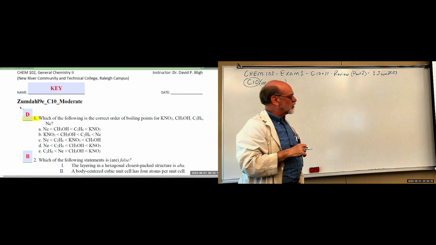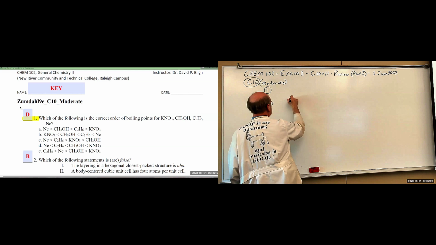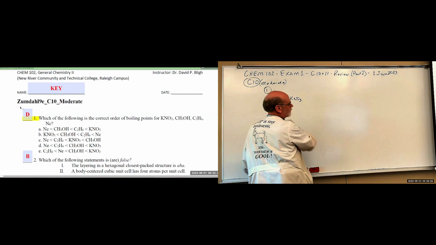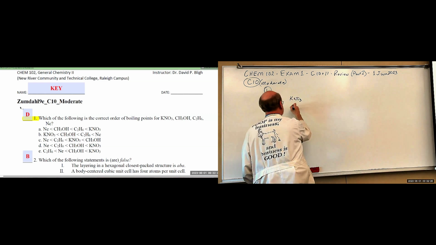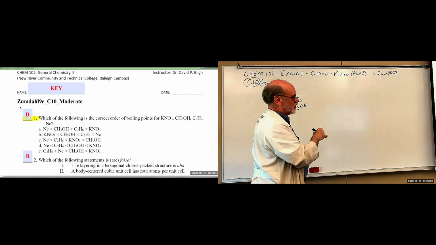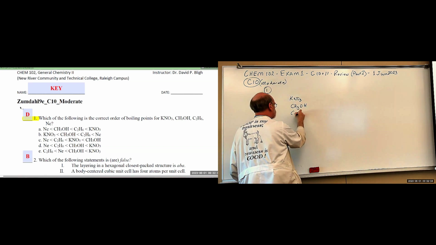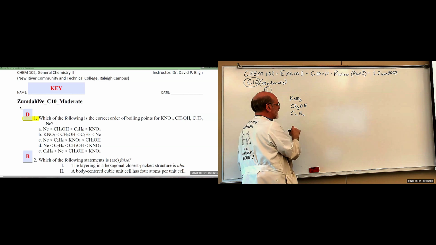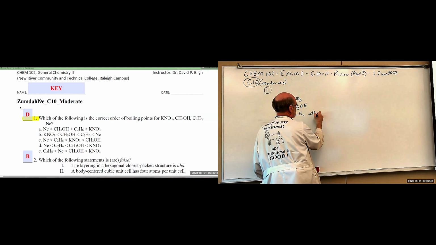Which of the following is the correct order of boiling points for KNO3? Methanol. That's the kind that makes you go blind when drinking. C2H6, that's ethane. This is ethane.